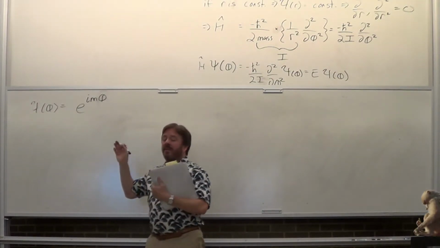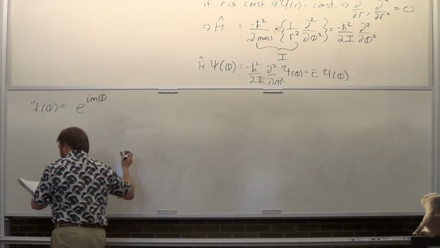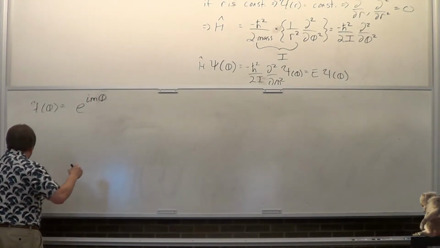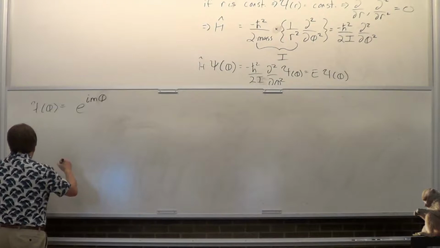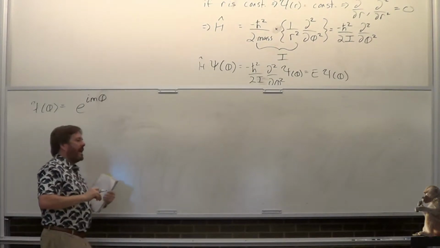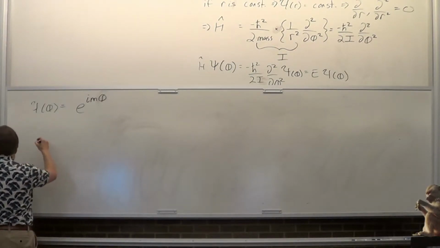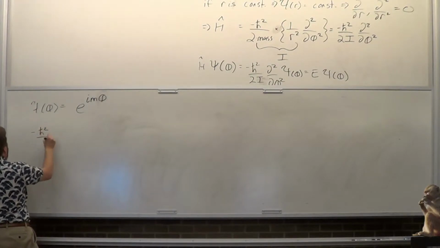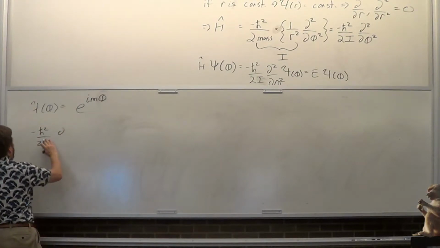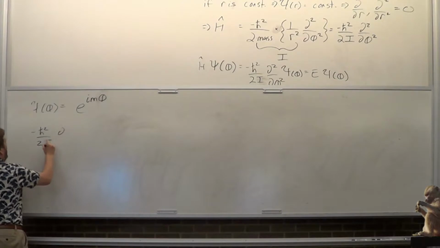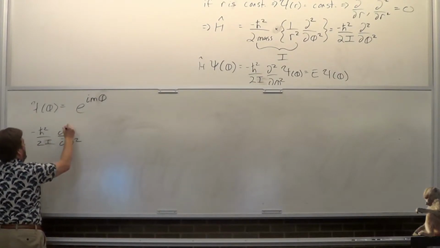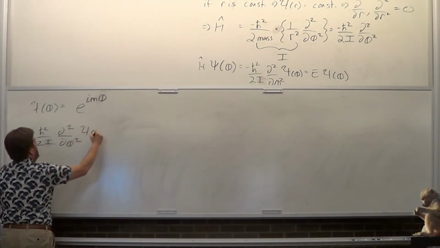You actually did it on the previous homework, by the way. I did that to make this a little bit easier. Regardless, let's see. Does this give the right energy? Minus h bar squared over 2I. Okay, let's do the double derivative of the wave function.